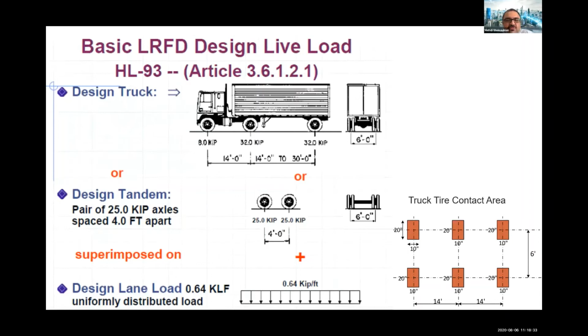The load that was considered in the numerical model was based on the HL93 in AASHTO, which was compared with the limitations of the buses listed in the table that I showed earlier.